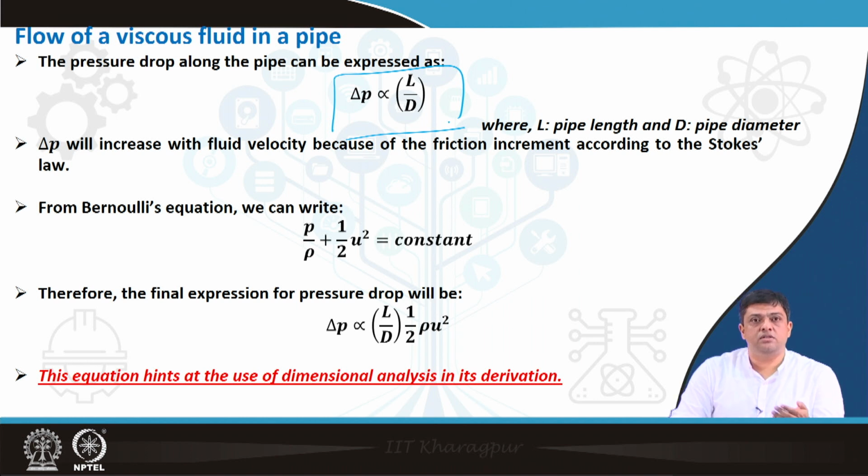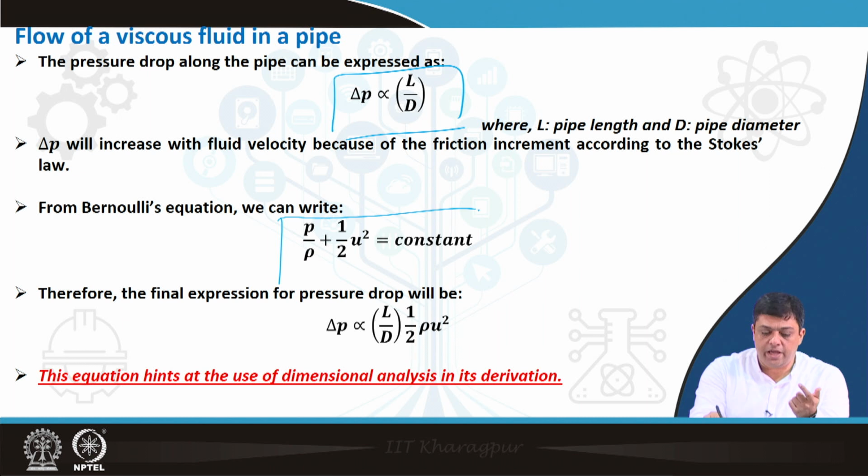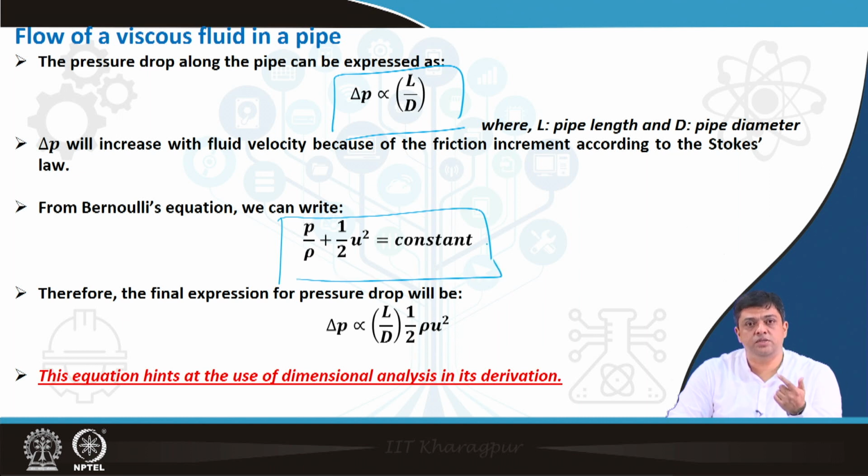This will increase with fluid velocity because the frictional forces are such that they have an increment according to Stokes' law. And along with the information coming in from Bernoulli's equation, we can write the form P by rho plus half u square is a constant.